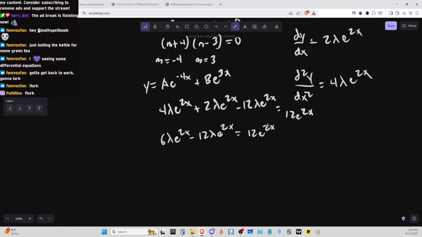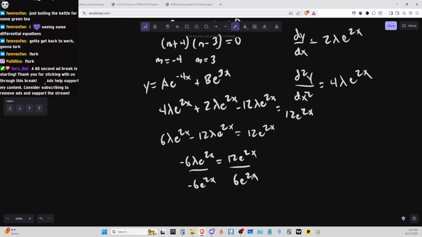Oh wait, we can add them all together. Okay, so minus, we got 12. Oh, okay. Oh no, why am I putting the lambda down there? That's not supposed to be there. So minus 6 divided by, that will lead us to 2.